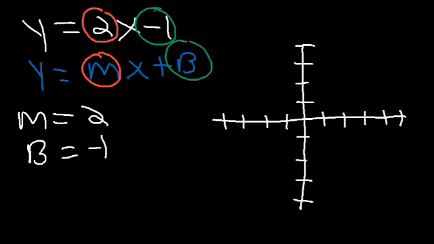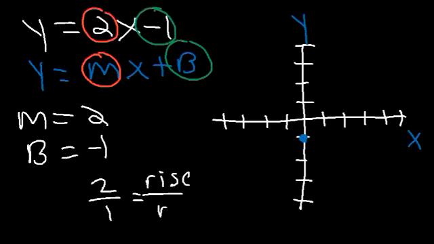So the first thing we should do is plot the y-intercept, which is negative 1 on the y-axis. So this is the y-axis, this is the x-axis. Next, we can use the slope to find the next point. We said the slope is 2, or 2 over 1, which is rise over run. So we need to rise 2 units up, and then travel or run 1 unit to the right.